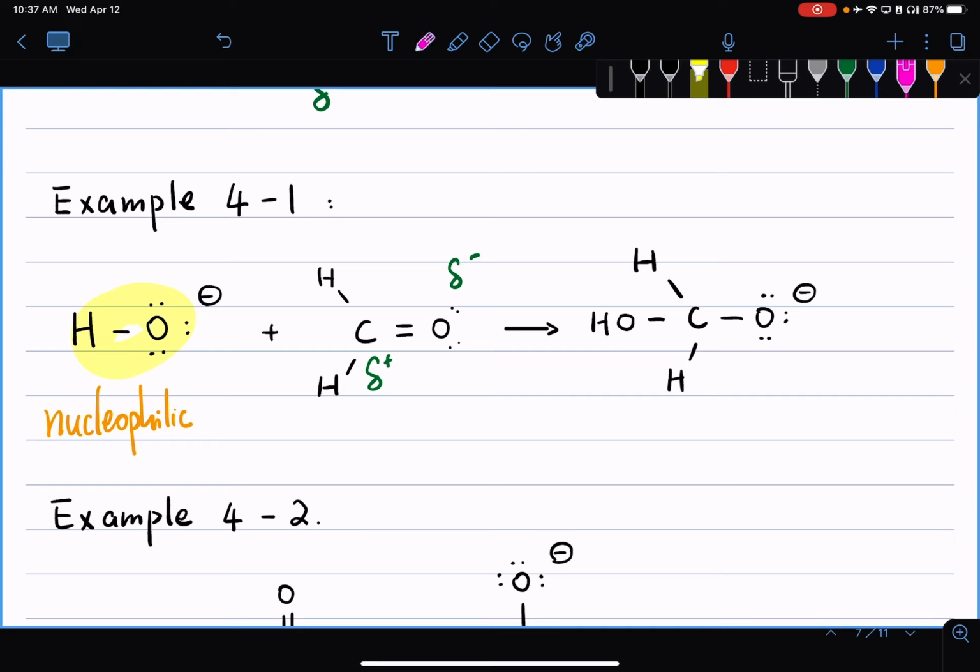So let's just draw the arrow pushing together. We start from the OH minus, attacking the more electrophilic carbonyl carbon, and the electrons in that double bond move onto the oxygen. So what we have here is this new CO bond, that's the new sigma bond formed. And the CO bond used to be a double bond, now it's being reduced to a single bond.